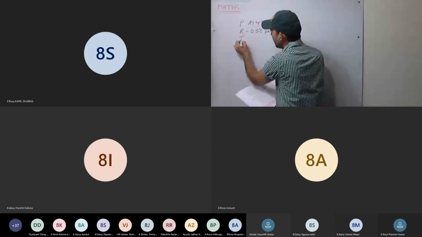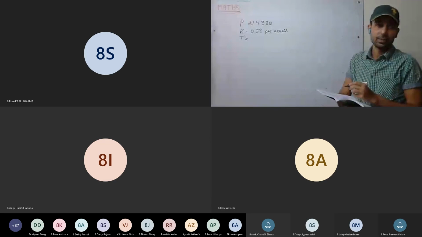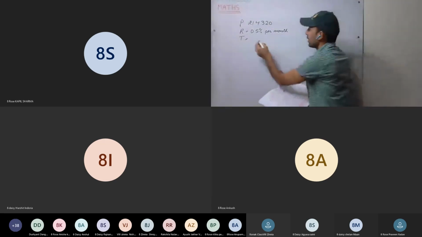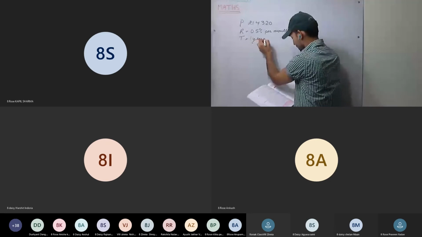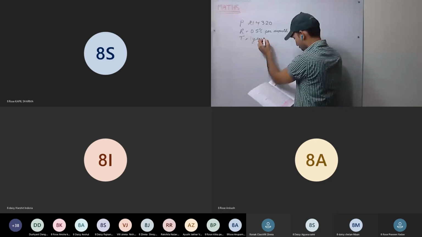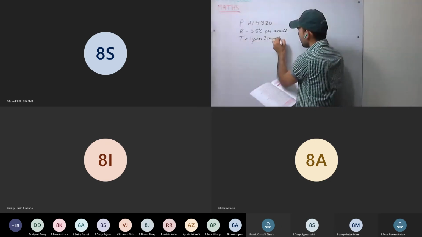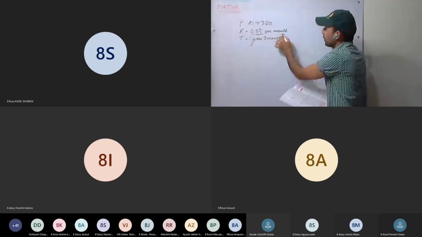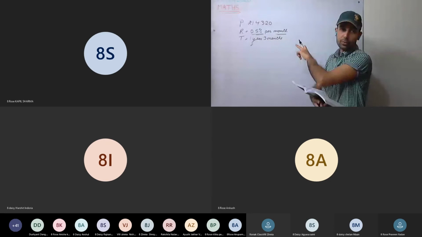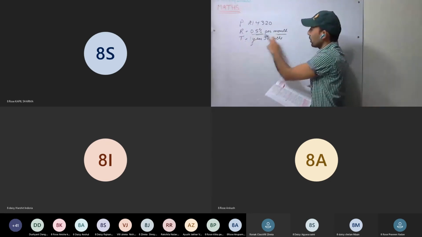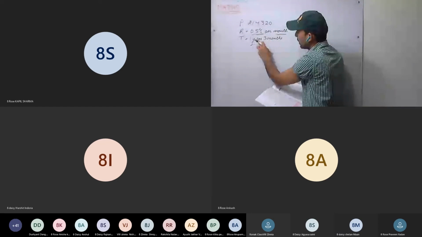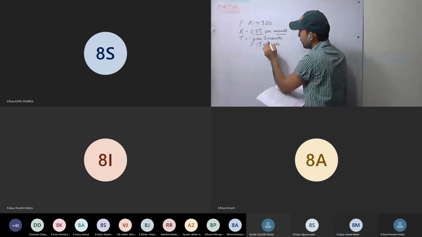So time will be in months. The rate is per month, that is, every month it will be calculated, so time should also be in months. Convert it: 12 months plus 3 is 15 months.